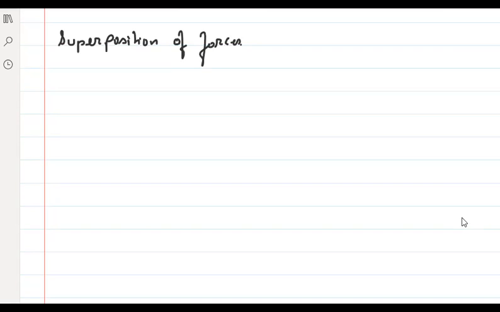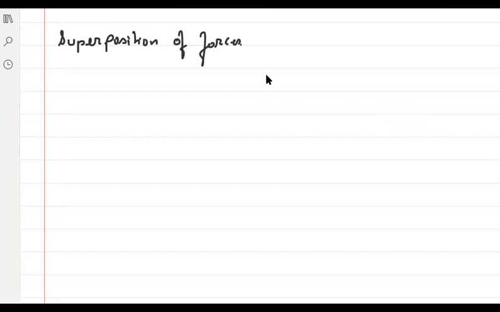The next topic after this is called superposition of forces. This is something we have already studied in chapter 4, Newton's laws of motion. Now, what do you mean by superposition? Tell me, everyone.